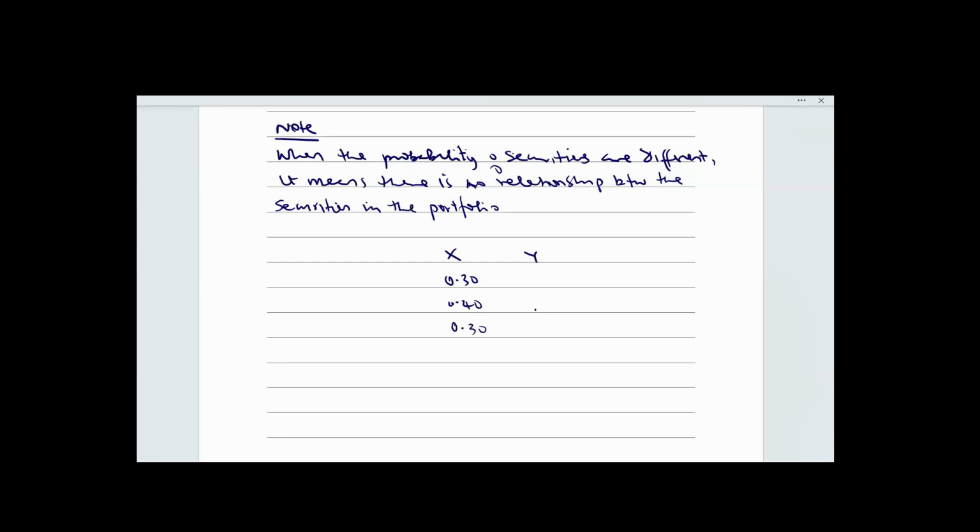The probability of security Y is 0.2, 0.3, then 0.5. As you can see, both security X and Y have different probabilities. That means there is no relationship. They are independent of each other. So when this happens, it means that your R is equal to 0.